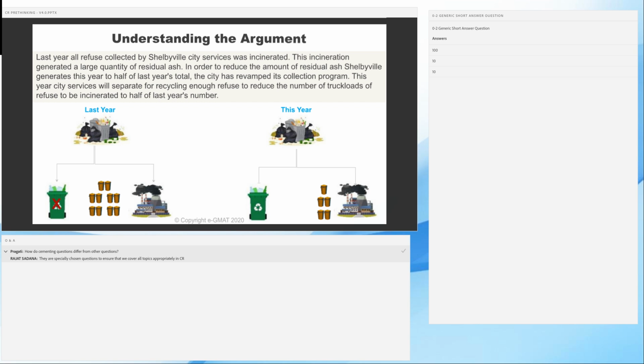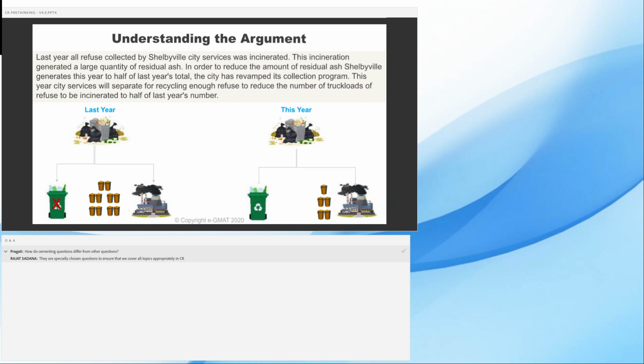Okay. Now this year, we're going to recycle some and we're going to send half as many trucks as we sent last year. Now here's something I want you to tell me, and I'm going to put in a poll question. How many trucks will we send for incineration if we collect 10 times as much refuse as we collected last year?